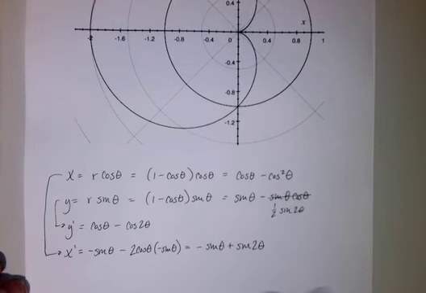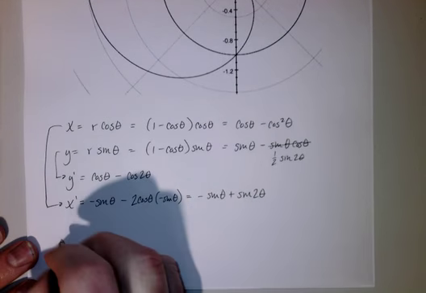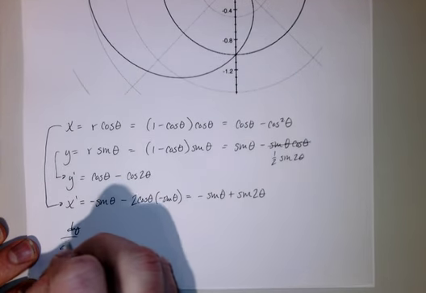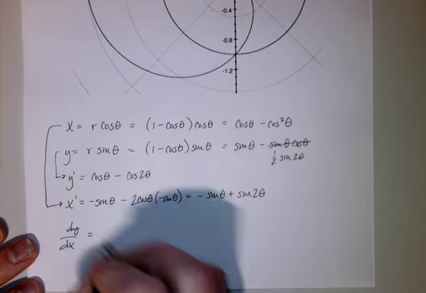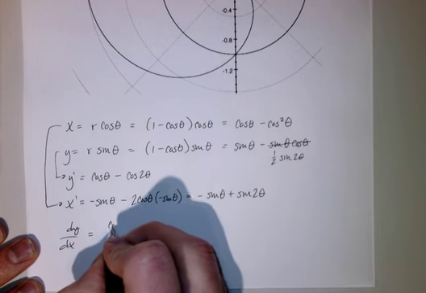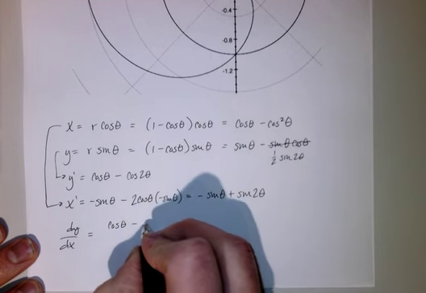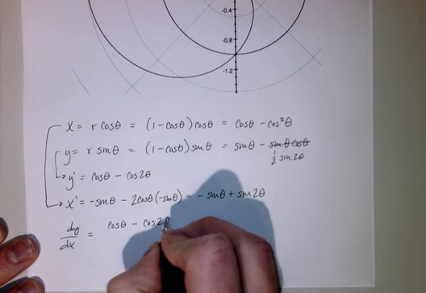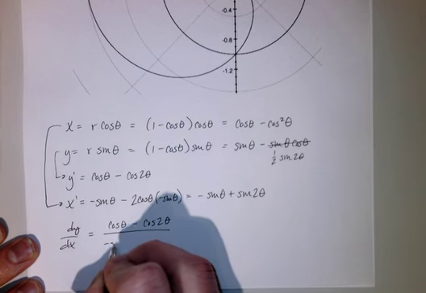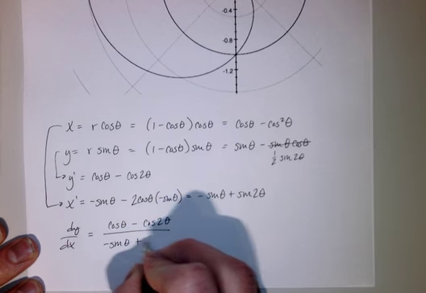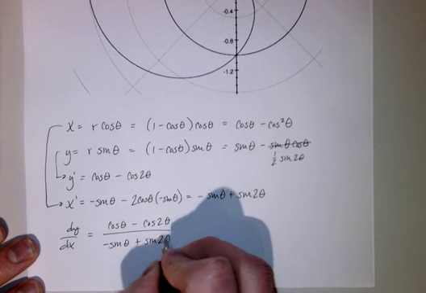So now I have x and x prime, y and y prime, and so I can actually get dy dx in terms of theta. It's cosine theta minus cosine 2 theta over negative sine theta plus sine 2 theta.